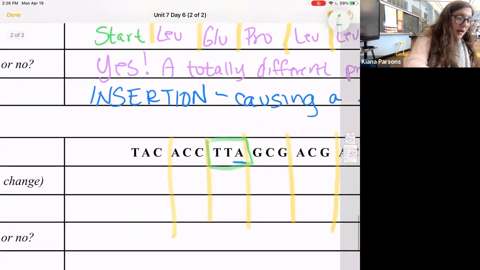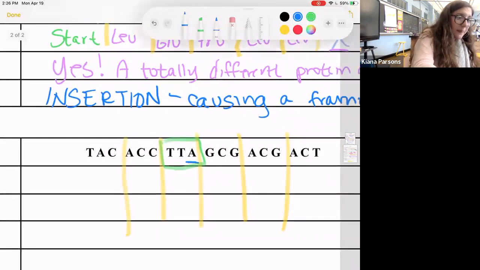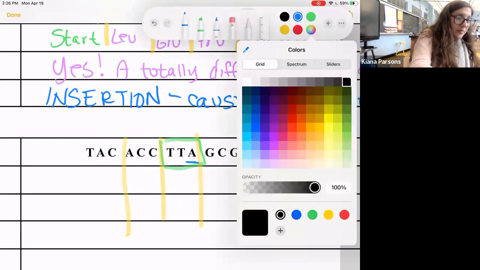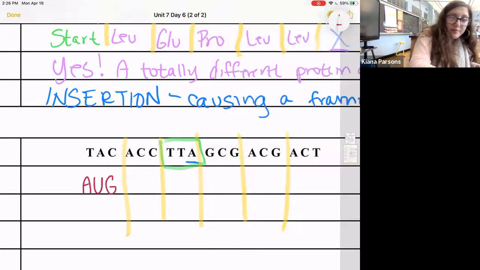And let's see what the mRNA sequence created is. TAC, again, we've got that start codon, AUG. ACC becomes UGG. TTA now becomes AAU.